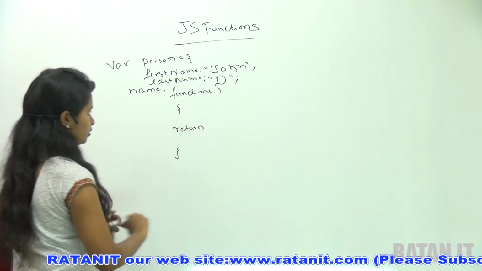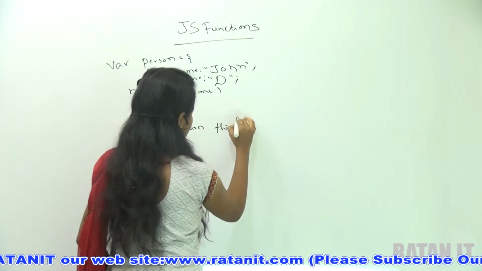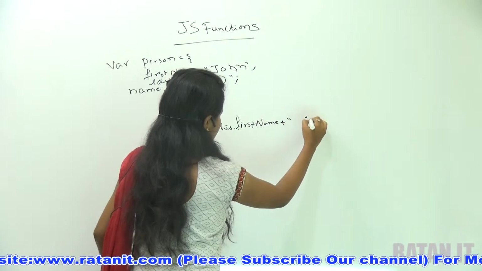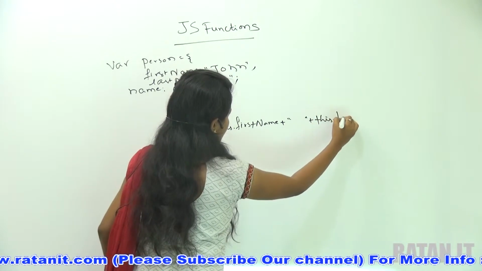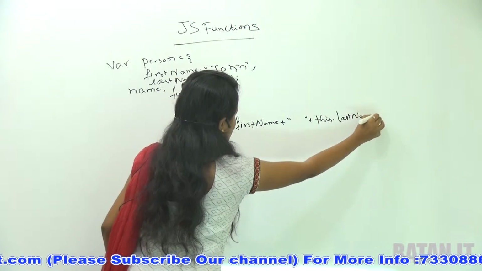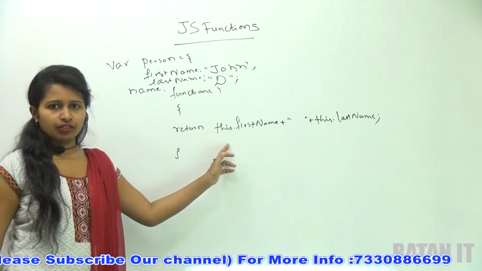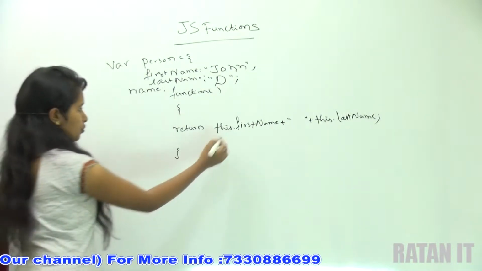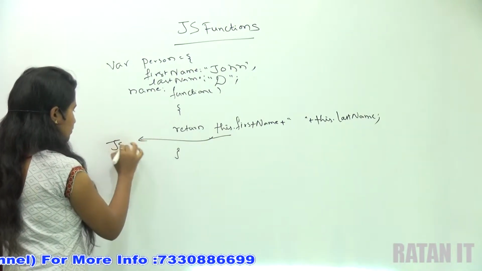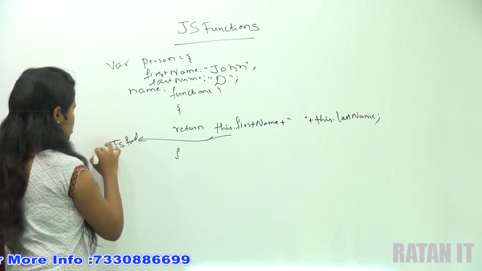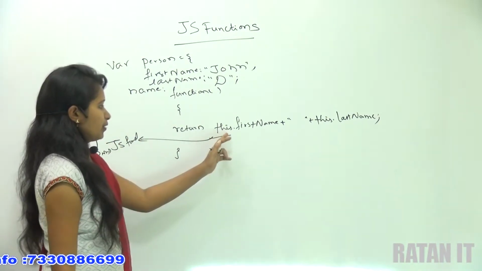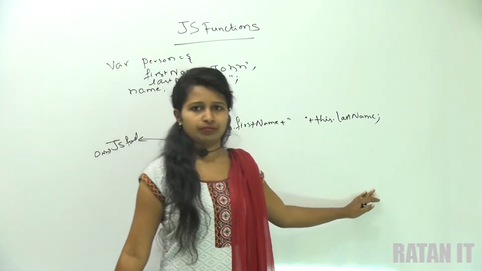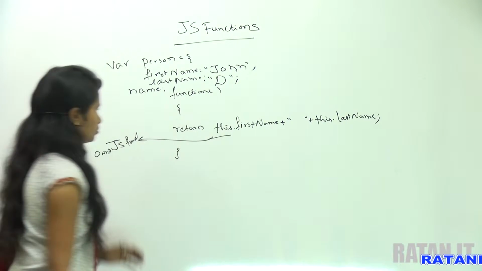So just use here this.firstName plus this.lastName. The this keyword in JavaScript works as the owner of the JavaScript function. So when the compiler comes to this first name and this last name, it is going to print them.